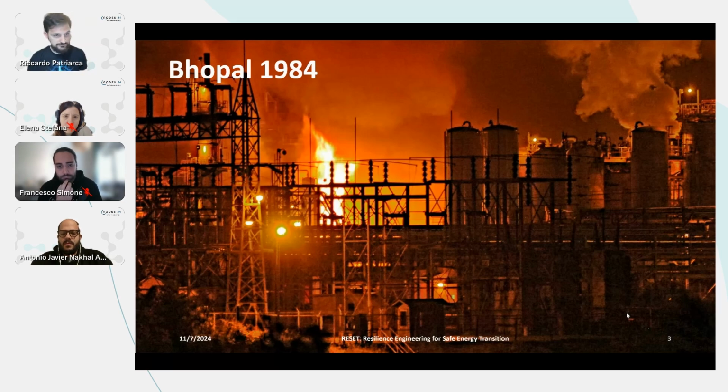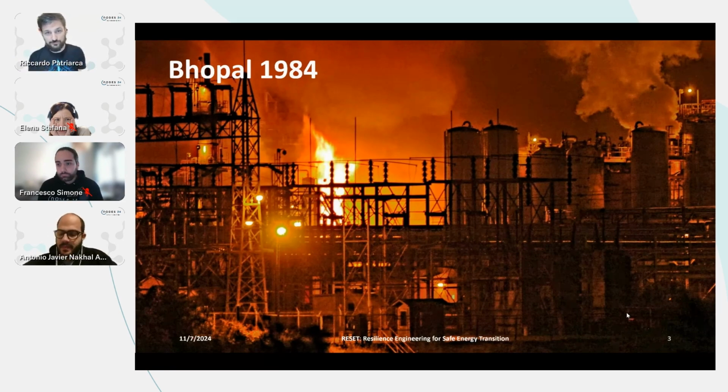And it has been considered one of the most critical events ever because we are talking here of about 4,000 people being killed by the explosion, plus about 500,000 people being exposed to toxic agents for the weeks after the event. So 4,000 is the people dying that night, but another 4,000 died in the next 2 weeks because of the exposure to toxic agents. And the story continued for years and years later with the consequences of the explosion on the health of people.